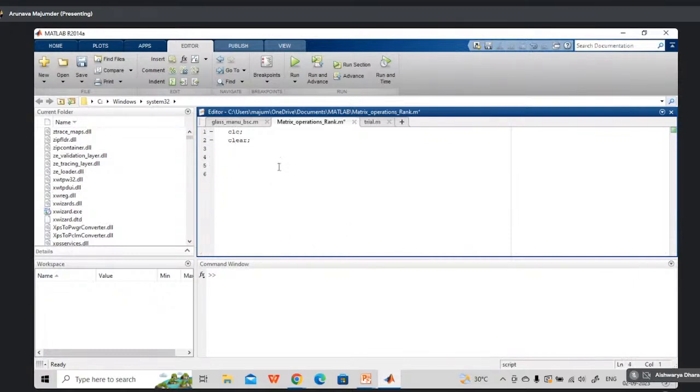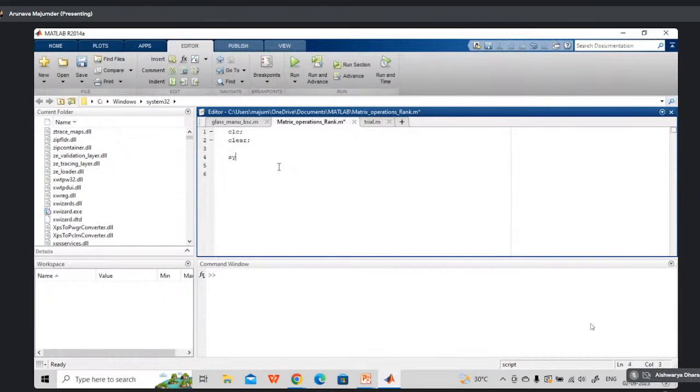We can easily define a matrix in MATLAB. Suppose I give you the equations. The number of variables is 3, and the number of equations is also 3.